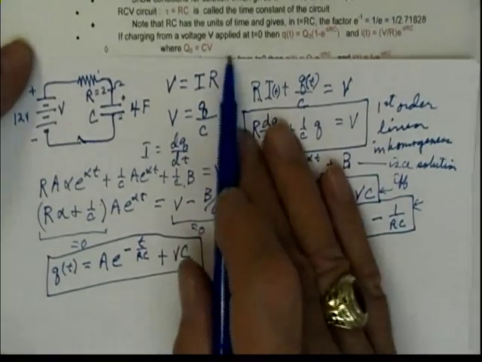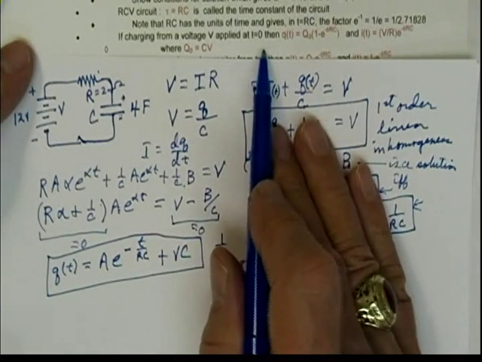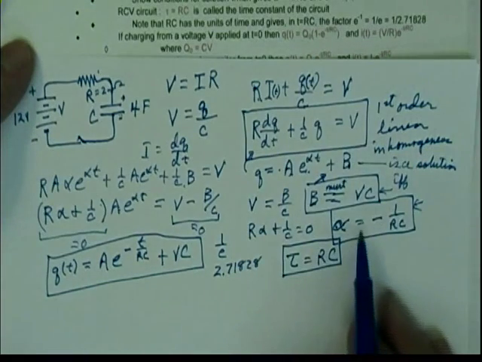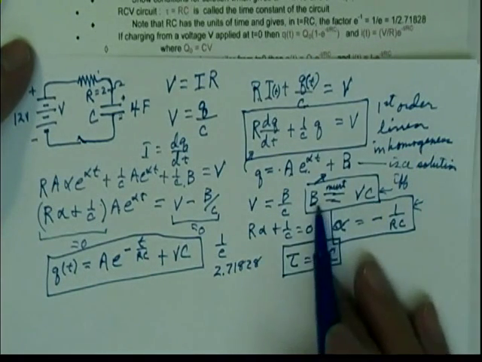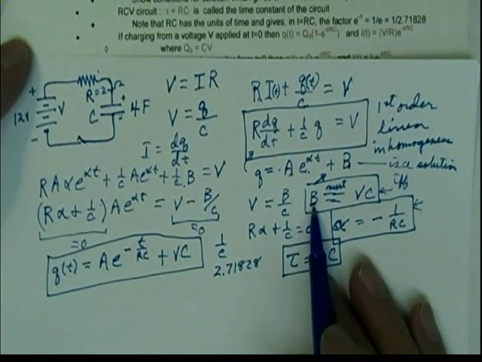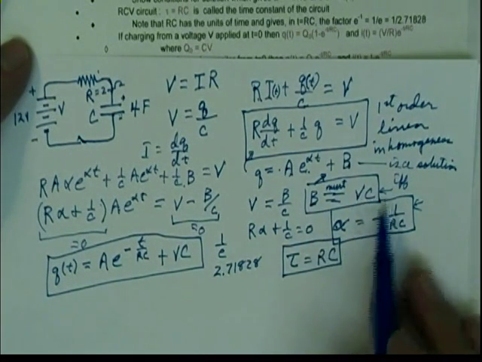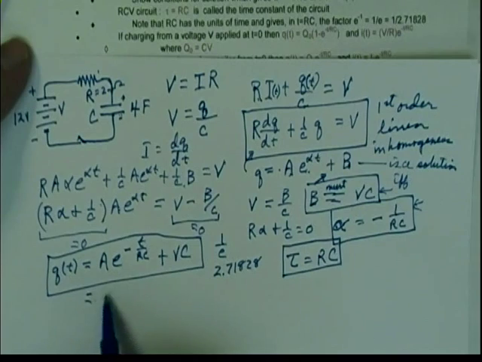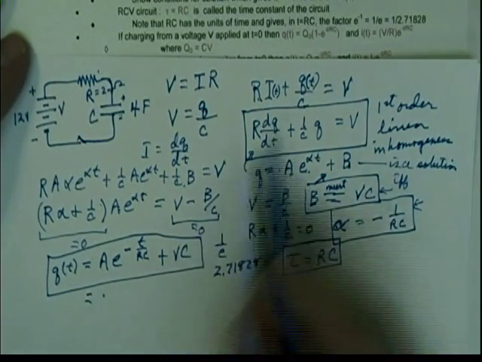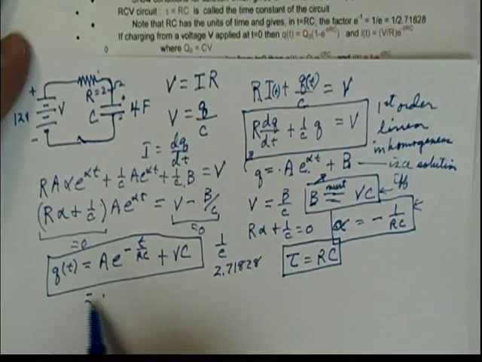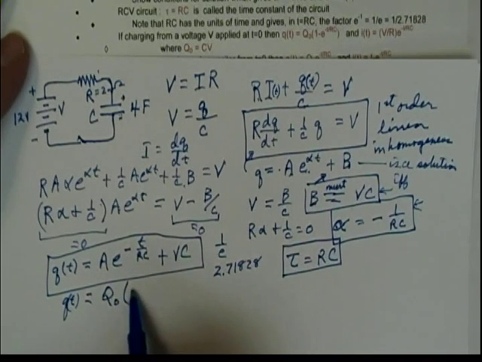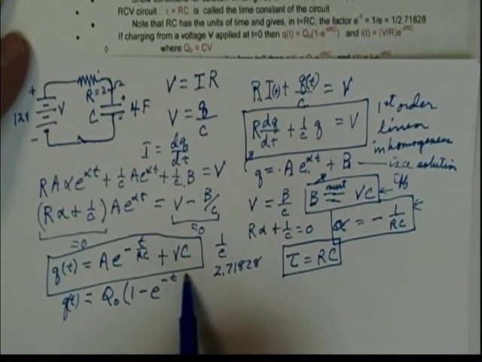If our charging voltage is applied at time t equal to 0, then we can rewrite this, where if we think about our constant B as being V times C, which is the initial constant, it would be Q, and so we could write this in the form that we have right here: Q of t is going to be equal to Q naught, the initial charge, times 1 minus e to the minus t over RC.